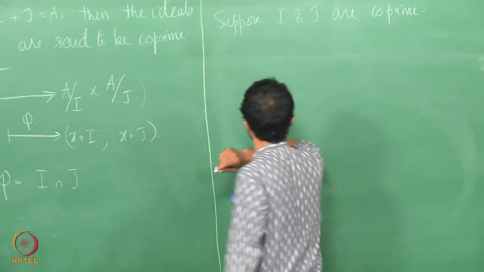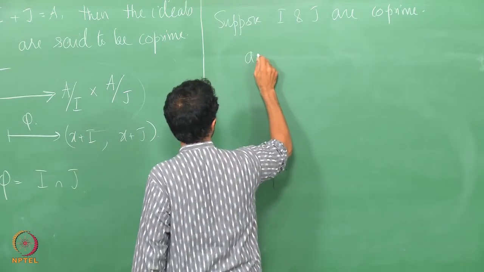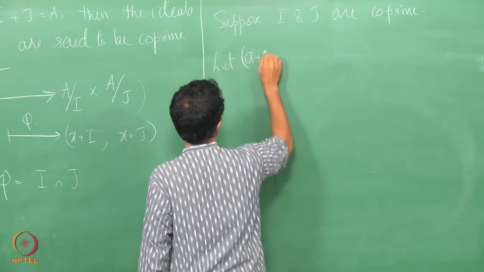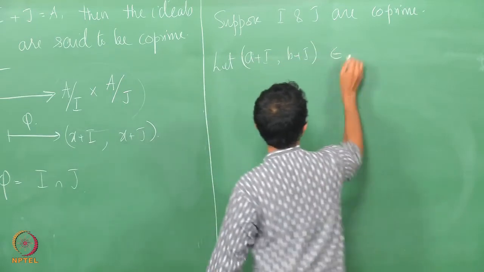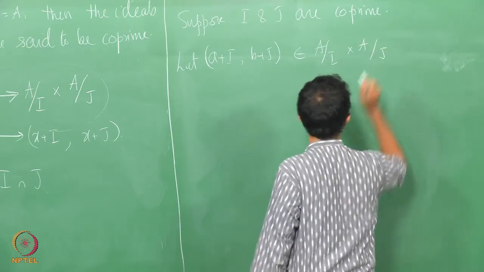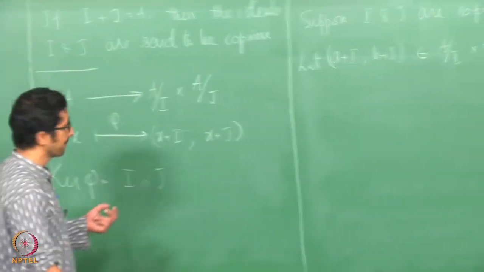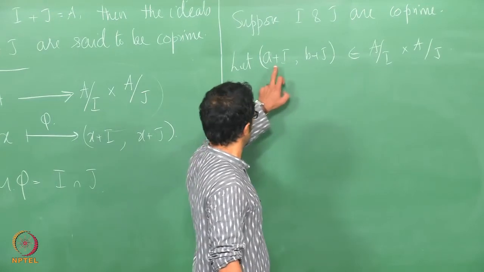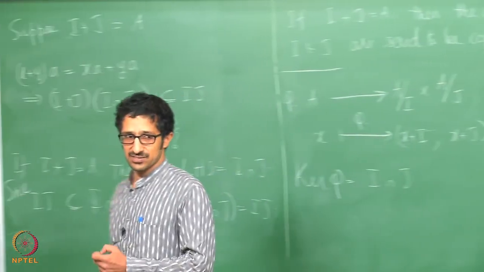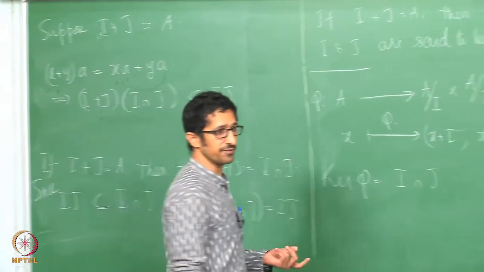Let a plus I and b plus J be in A mod I cross A mod J. I want to say that there exists an x in A such that x is congruent to a mod I and x is congruent to b mod J. How do I look for that?